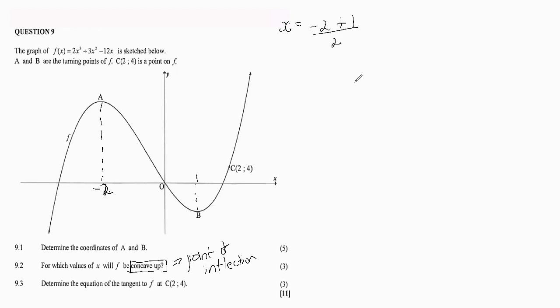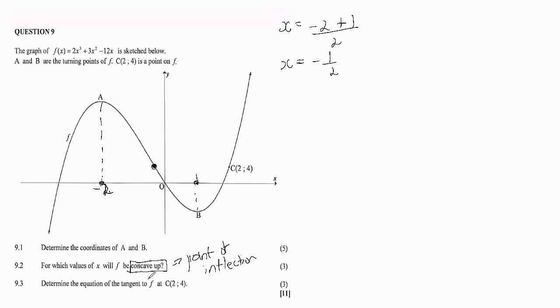It's like finding the midpoint of your turning points, or your stationary points. Then x is equal to -1/2, which might be somewhere here. So this is where your graph changes concavity.